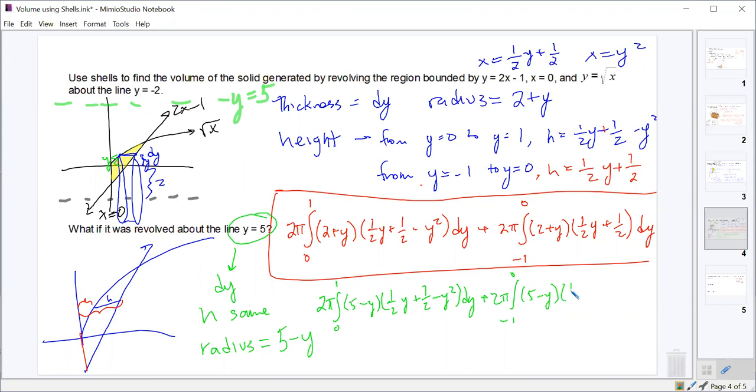Everybody good with that? Yes. Cool. And once again, I'm not going to force us to multiply that all out and do all that arithmetic. We'll do it for the next problem. But any questions on that?